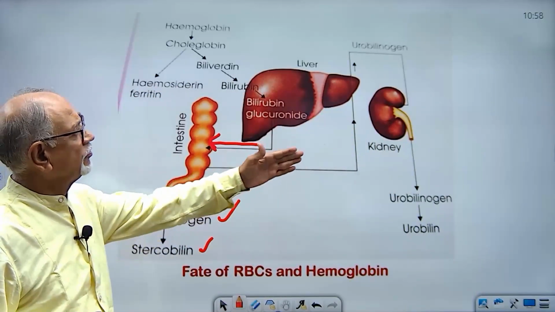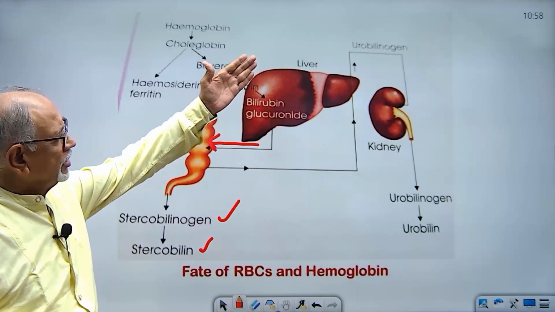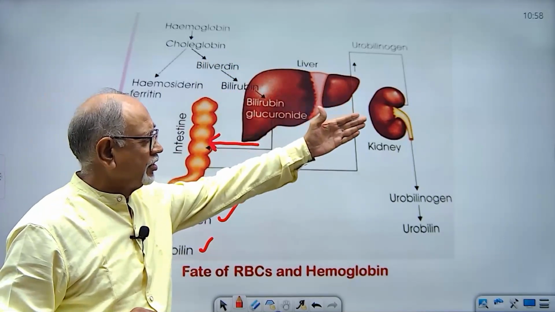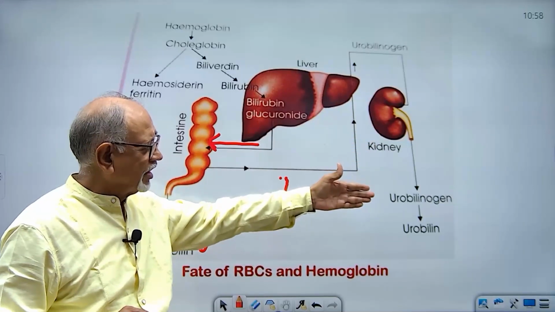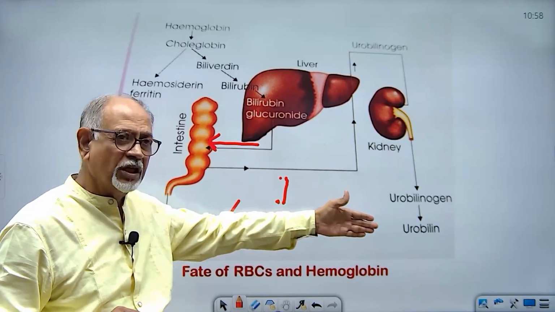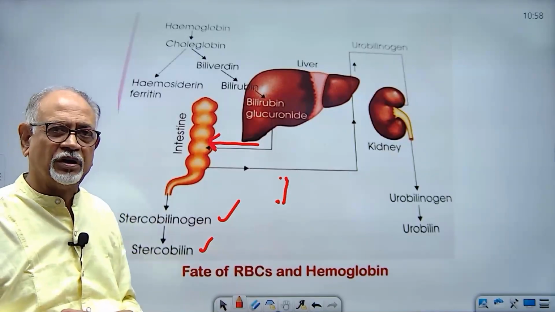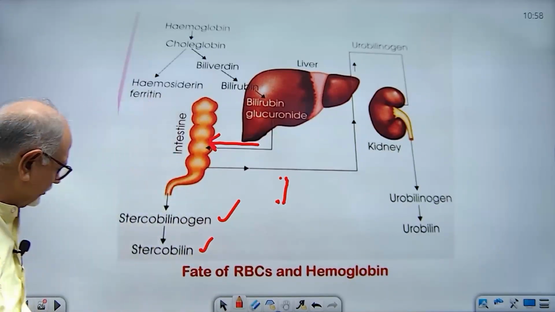Some amount of urobilinogen reaches the kidney, where it is filtered and appears in the urine as urobilinogen or urobilin, which is responsible for the yellow color of urine.